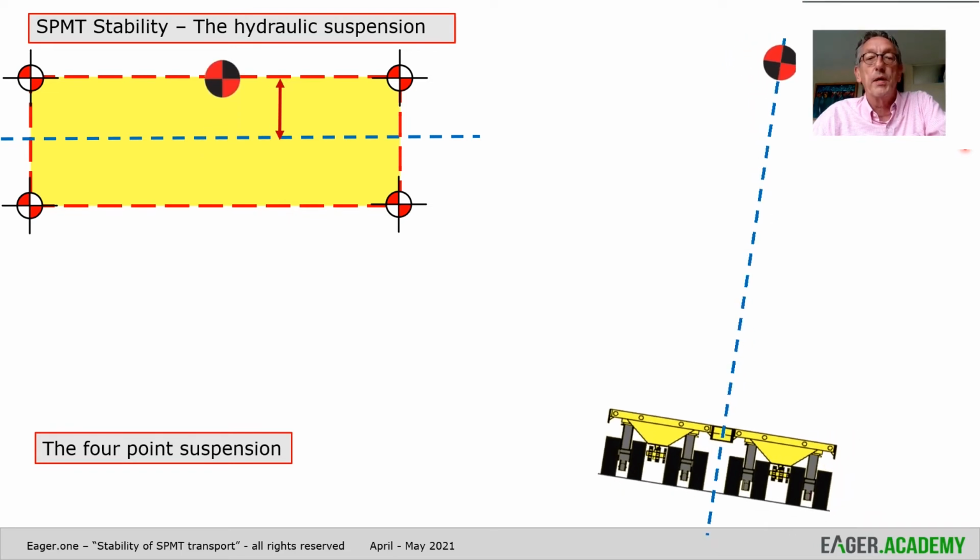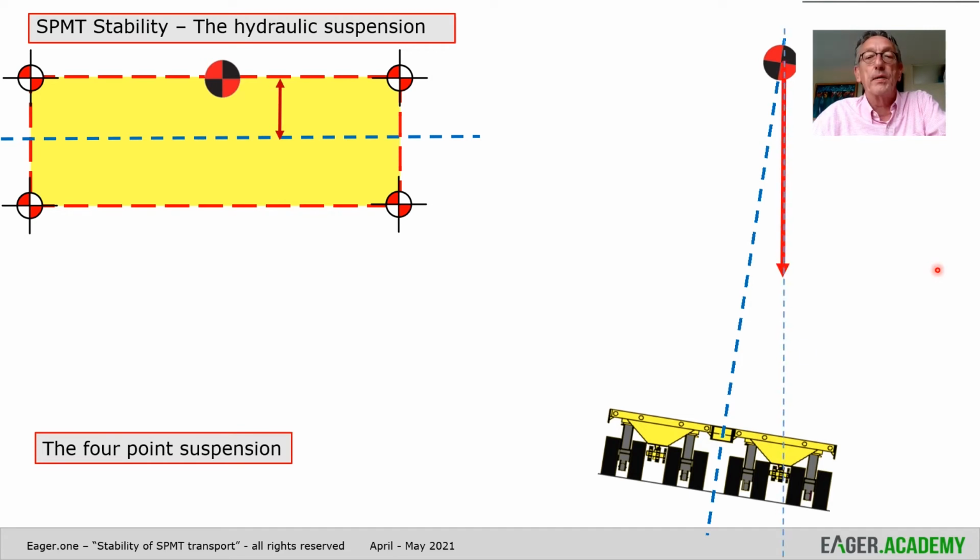And we have the same here, where with some camber in the road, the center of gravity will move towards one of the tilting lines when we do nothing. And what we have seen in the 3-point suspension short video is that the operator, in order to cope with this kind of situations, has to level the deck of the SPMT as horizontal as possible.